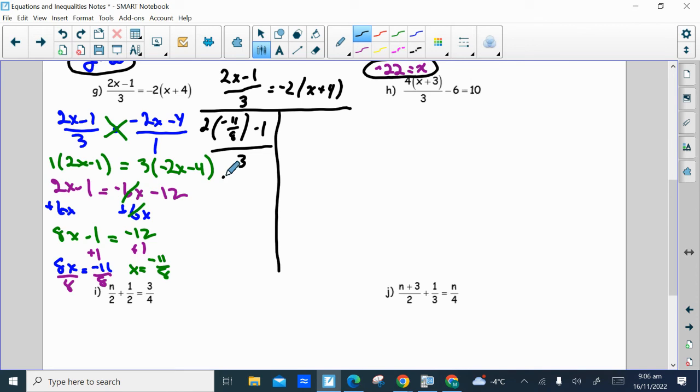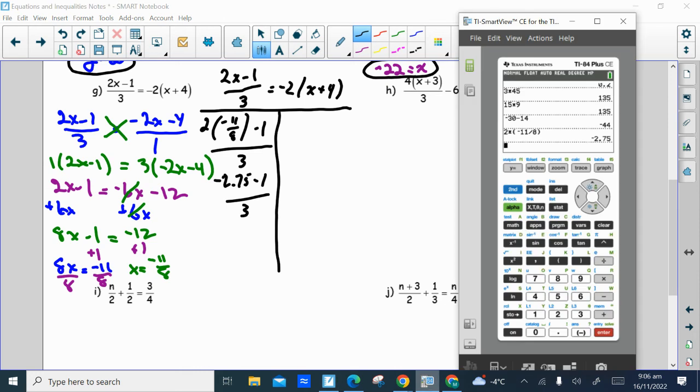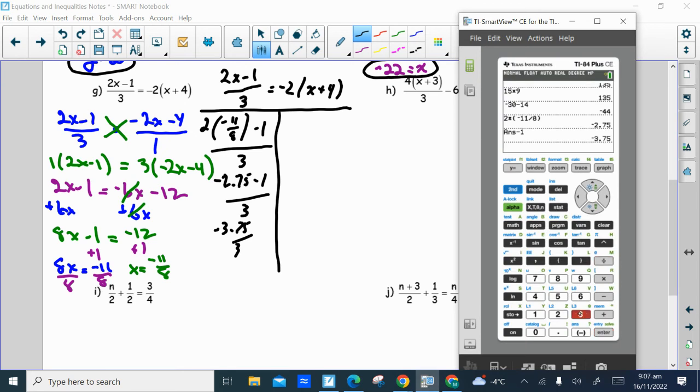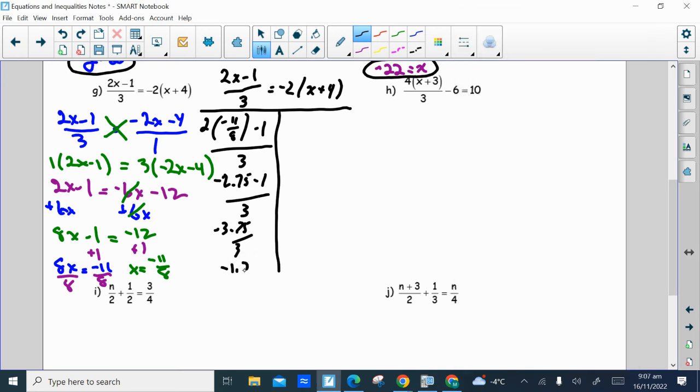So it's going to be negative 2.75, take away 1, over 3. Negative 2.75 take away 1 will be negative 3.75. And when you divide that by 3, you'll get negative 1.25. So that's what I get on the left.